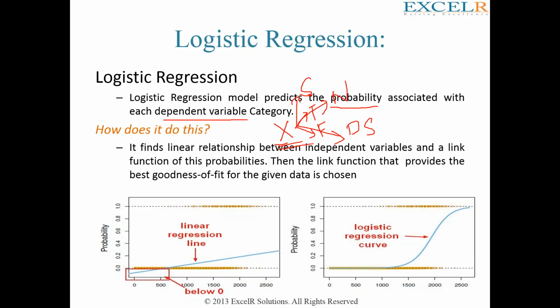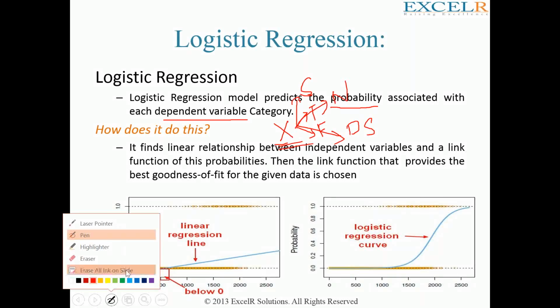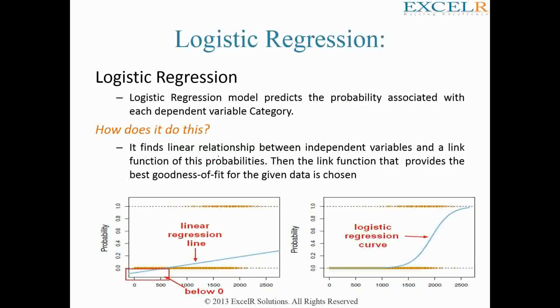All right. How does it work? Logistic regression finds a linear relationship between independent variables and a link function. Yesterday we also saw a few of the link functions, right? If it was linear regression, it would have shown you this way. However, here you have a few values which are less than 0.